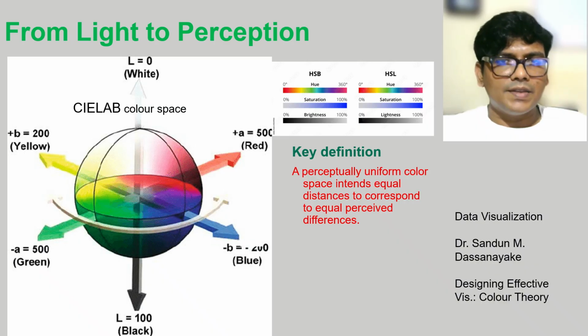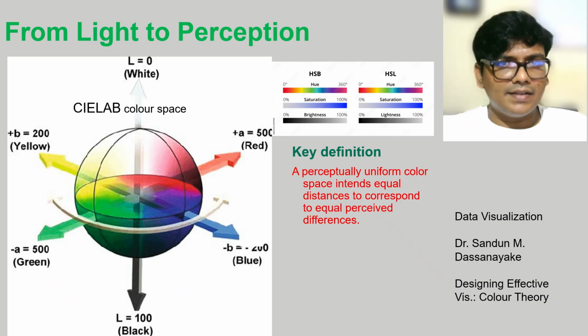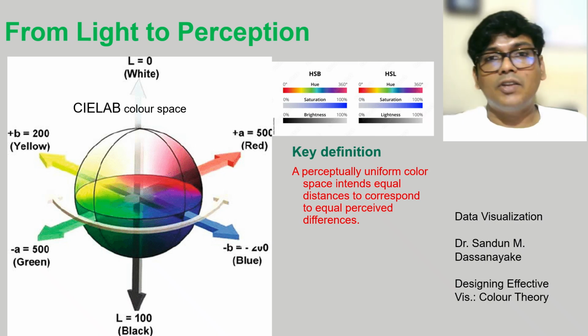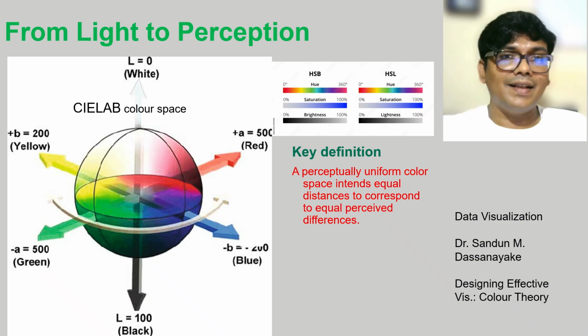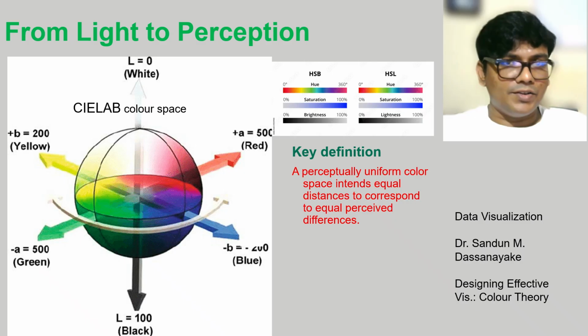Now, this is a practical point. The HSL and HSV sliders in your visualization designs, you may see this in different software and you may have already seen this elsewhere. These are approximations of these dimensions.